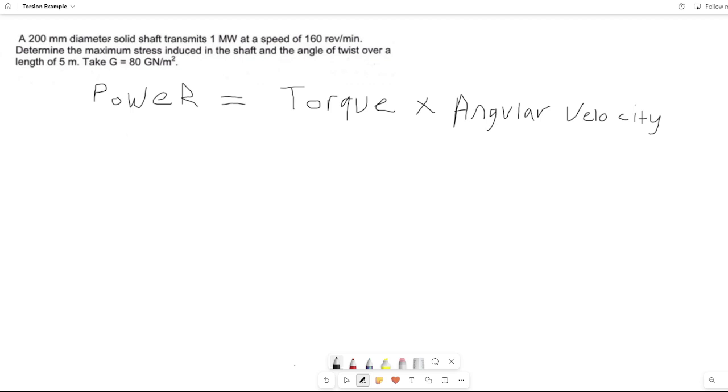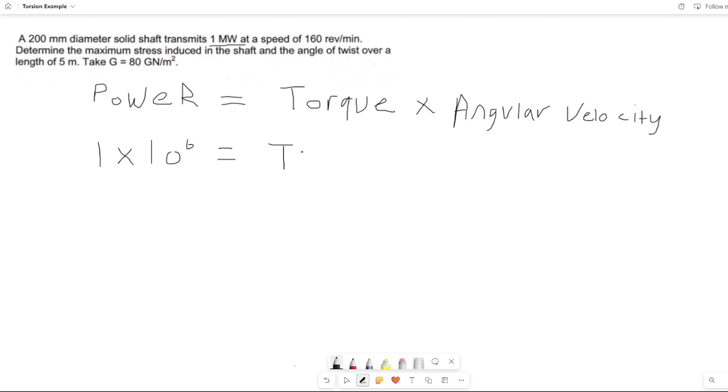So we can see that there's a solid shaft. It transmits 1 megawatt. So we've got 1 times 10 to the 6. Remember, we do need to convert this. The prefix 10 to the 6 represents mega. And then you've got your torque, which we don't have.